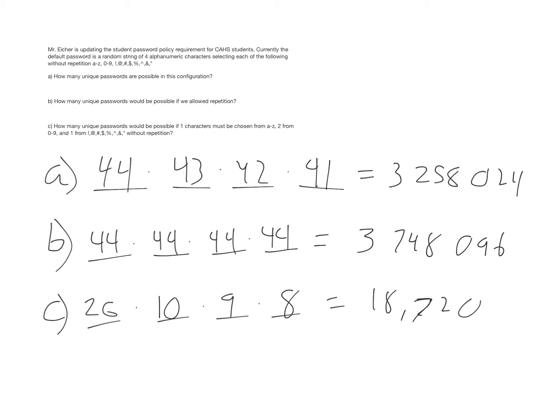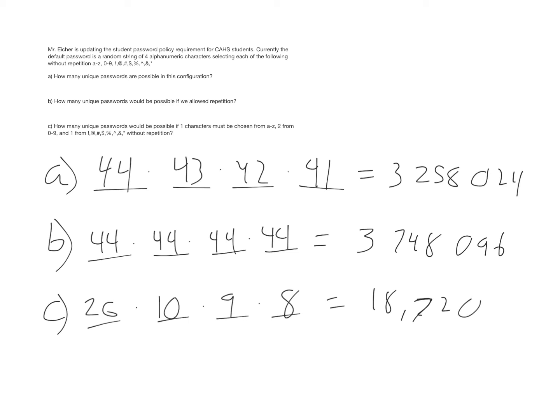Now here we have something a little bit sneakier. The way I've written it here implies that I'm choosing letter, number, special character. But that doesn't have to be the case.